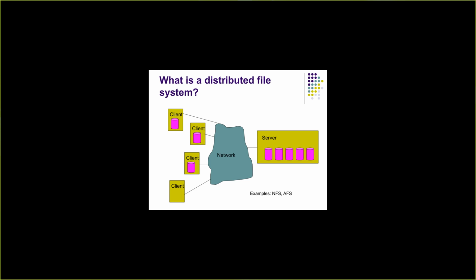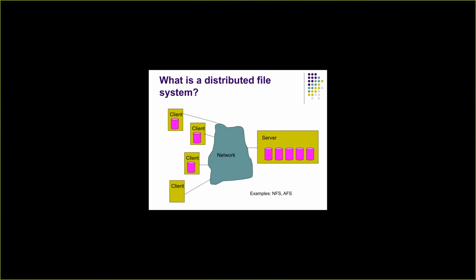And the interface provided by the distributed file system is as if all the files are located in a single disk. There is a single logical disk, whereas in reality, this logical disk is split into multiple physical disks that are present on different computer nodes, which are connected through a network.